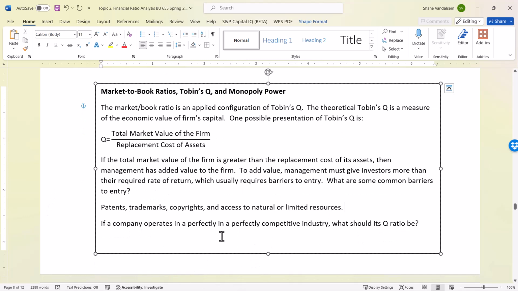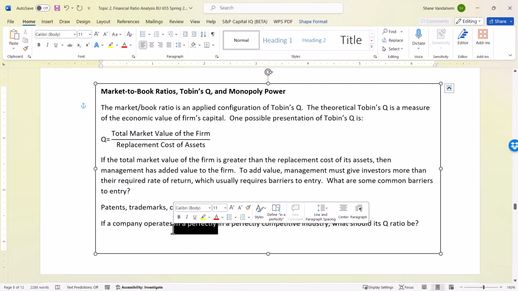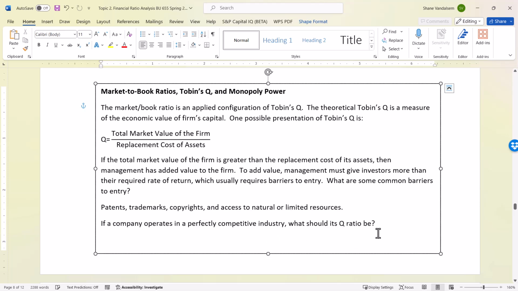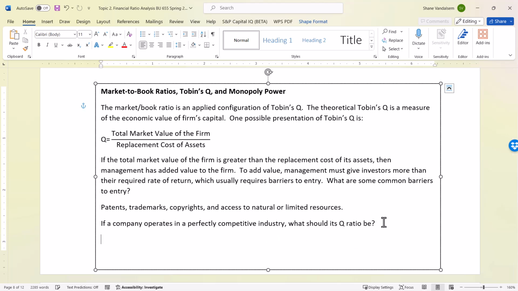So if a company operates in a perfectly competitive industry, what should its Q ratio be?